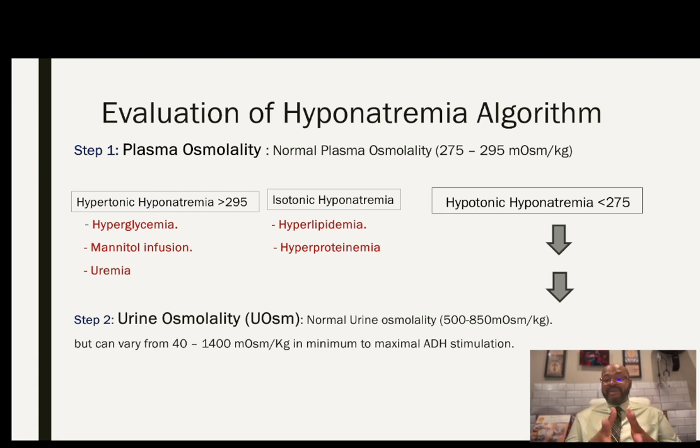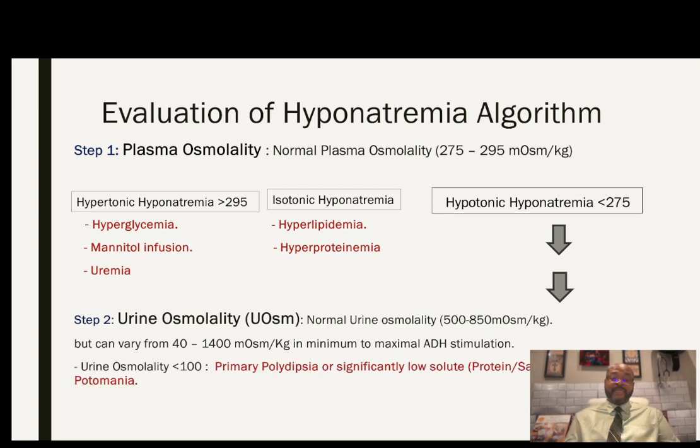If it's maximally stimulated ADH, then you can concentrate the urine to as high as 1400 milliosmoles per kilogram. So when you check the urine osmolarity, there is usually one condition I'm looking for, and that is primary polydipsia.